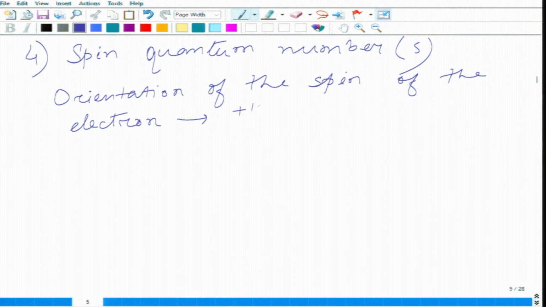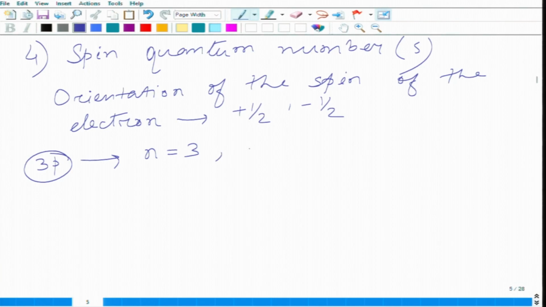That is plus half and minus half. Now, if we take one example, suppose 3p. In 3p, we have n equal to 3. This is the principal quantum number.